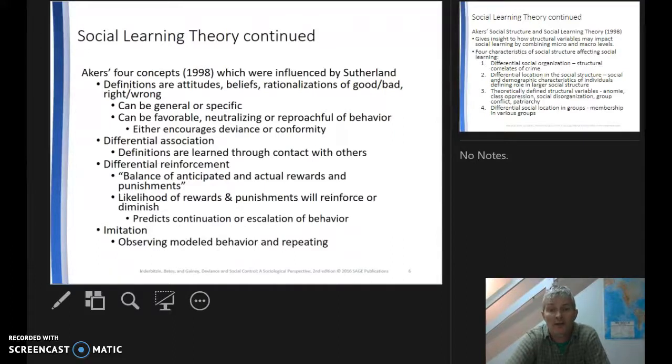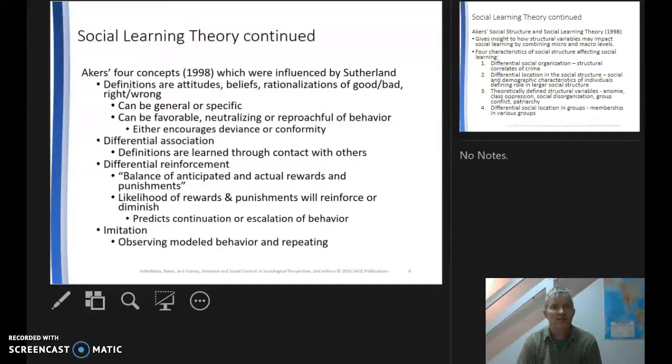Later on in Akers' career as a sociologist, he refines his theory and boils it down into 4 important concepts. And these concepts, of course, as all of Akers' theoretical perspectives, are influenced by Sutherland.